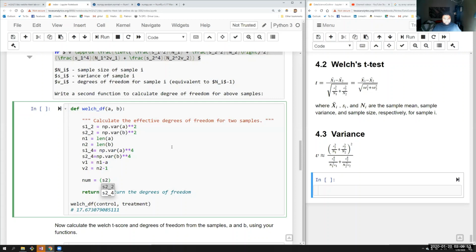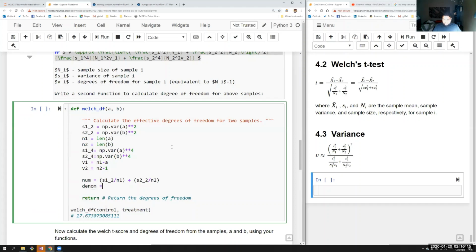S1 squared divided by n1 plus S2, no, S1, oh, no, wait, hang on, this is S1, this is S2, S2 squared divided by n2, that's our numerator.